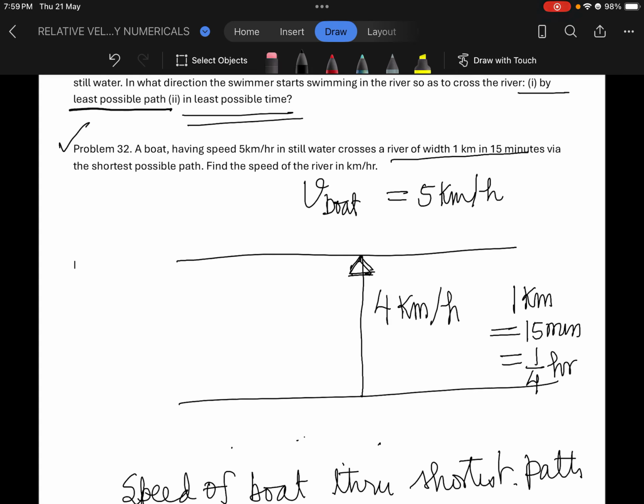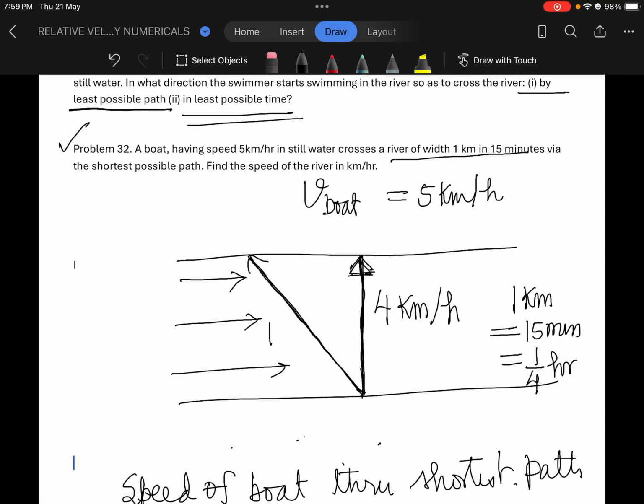So see here, he has to travel in this direction. The boat has to go along this direction. Now in order to go in this direction, the boat will keep its motion along this direction, so that under the flow of the river current, it can come across.